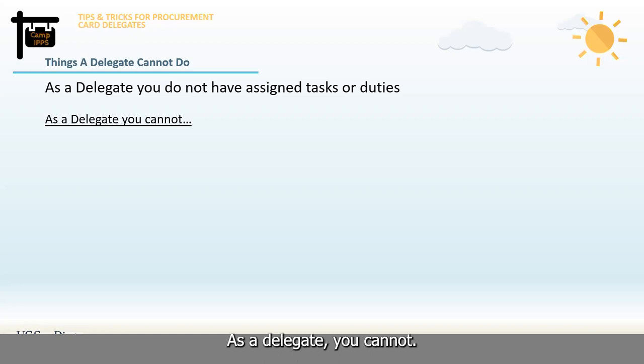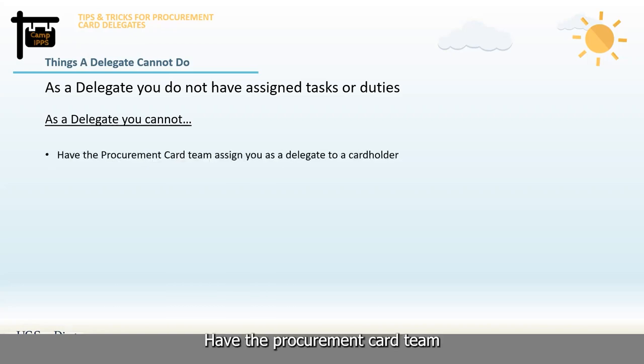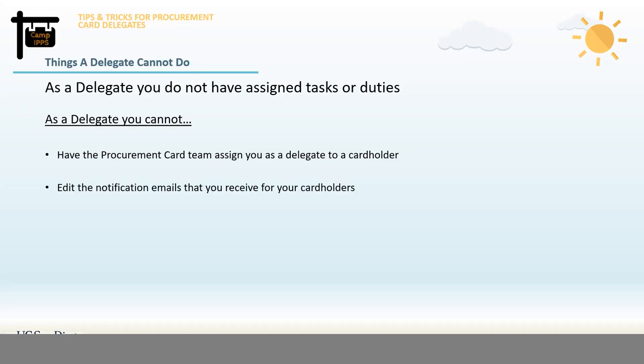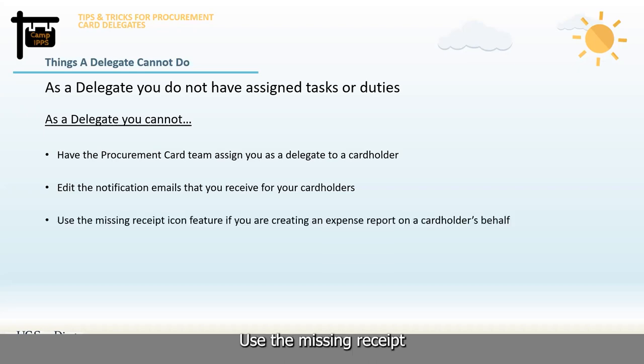As a delegate, you cannot have the procurement card team assign you to a cardholder. Edit the notification emails that you receive. Use the missing receipt icon feature if you're creating an expense report on a cardholder's behalf.